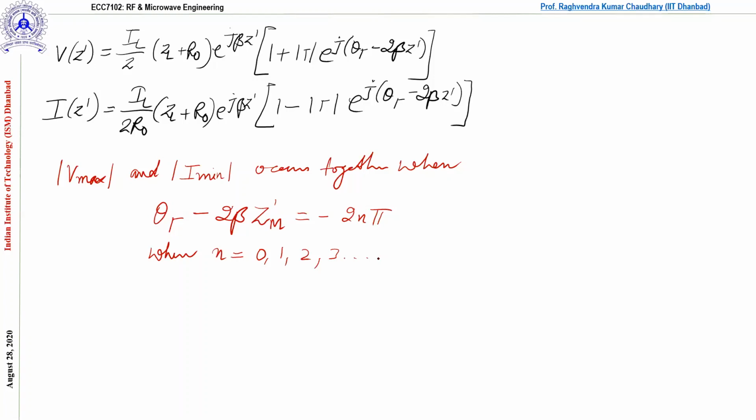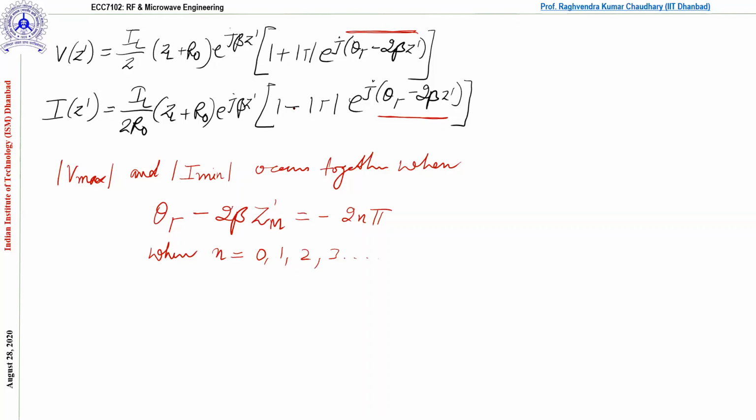Another is we can also write down one condition here because we know this argument, and it is going to play a very important and crucial role in deciding the V max and V min. Like here you can see theta gamma minus 2 beta Zm dash is equal to these things. So let us consider this is 0. So e to the power 0 will provide plus, and the other is minus.